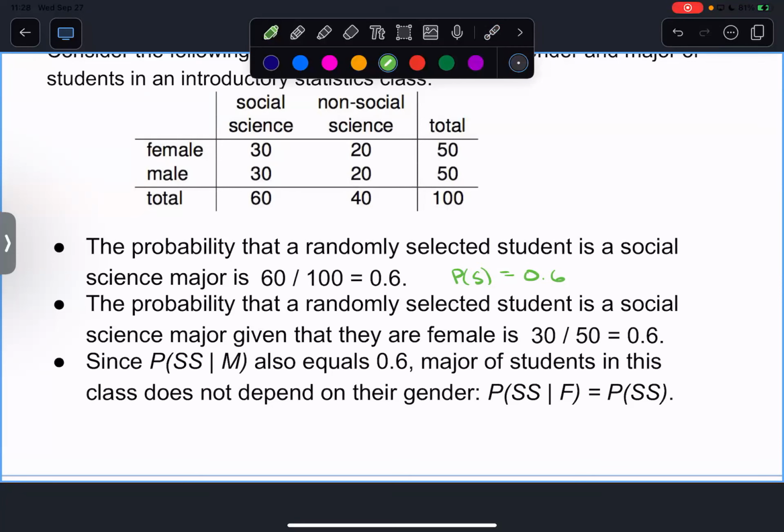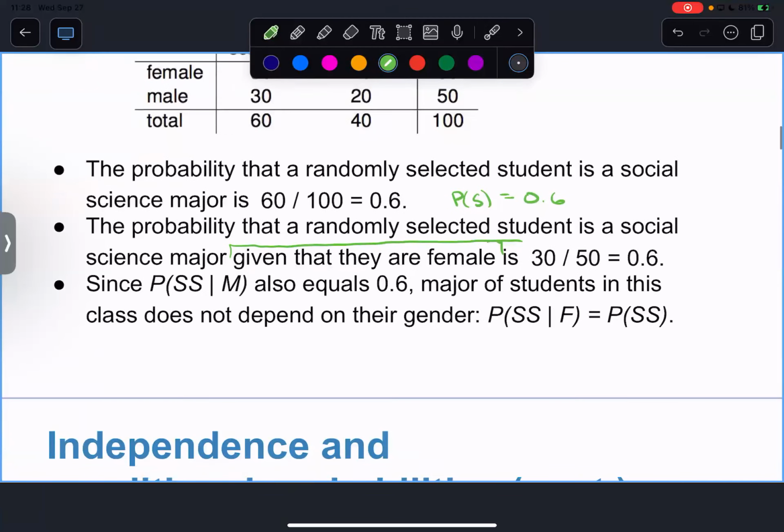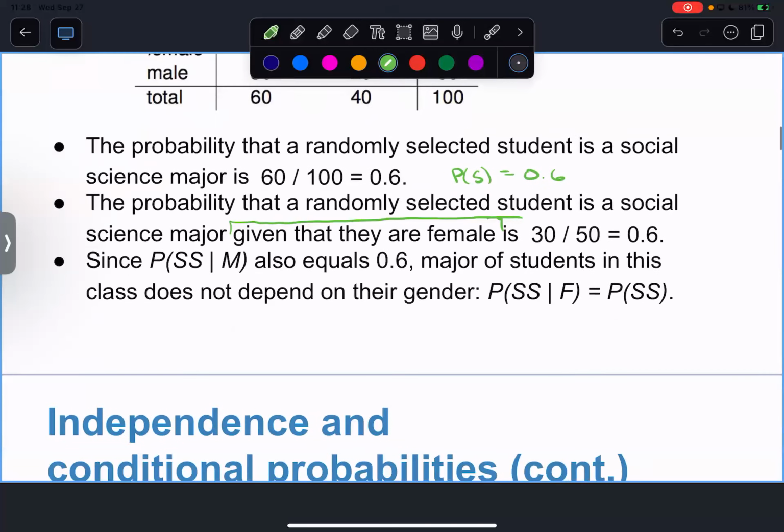The hard part, I think, is picking apart this sentence to figure out what part is what part in the probability formula. So here, they've used S, but let's use the probability of S given that they're female.